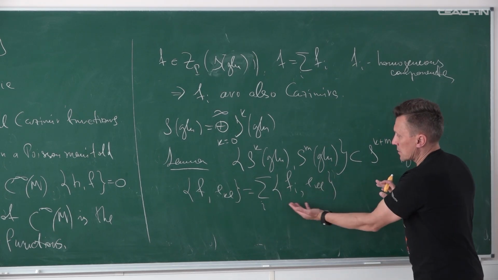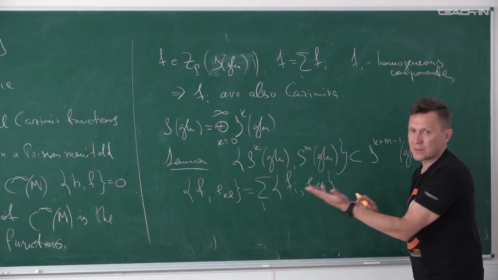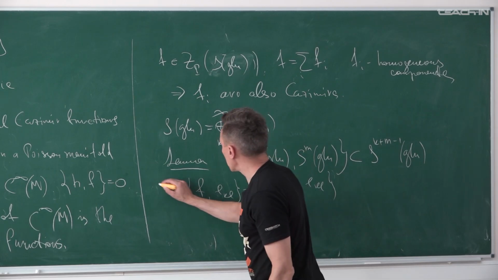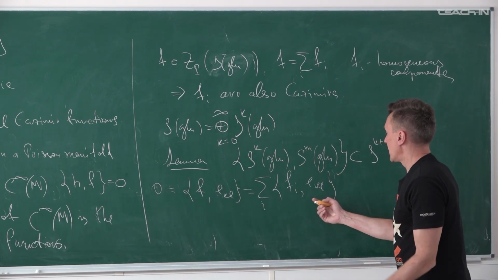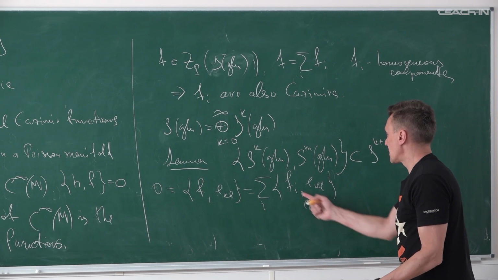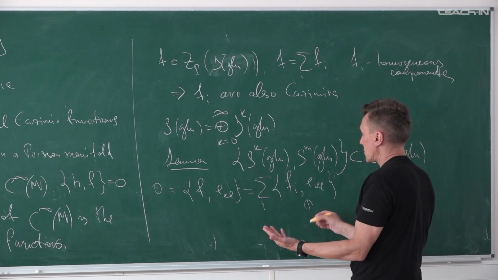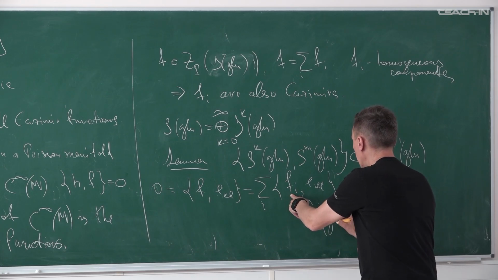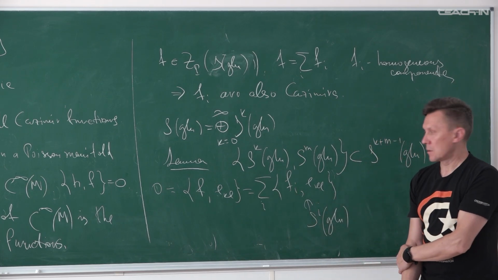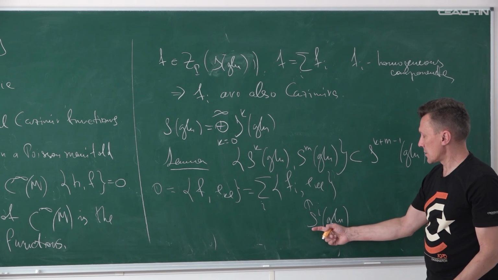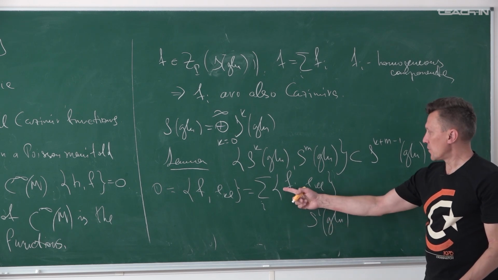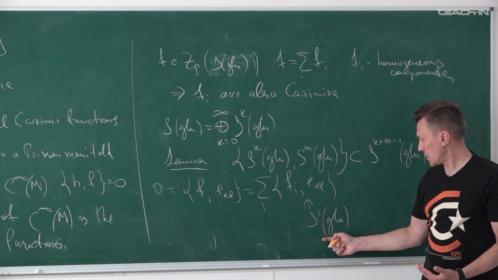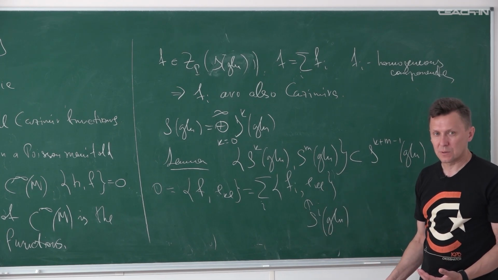I would say that these summands lie in different homogeneous components. So if the sum is 0, then each summand lies in different homogeneous components. This summand lies in Si of GLN, Fi lies in Si, and the Poisson bracket with a linear function lies in the same homogeneous component.